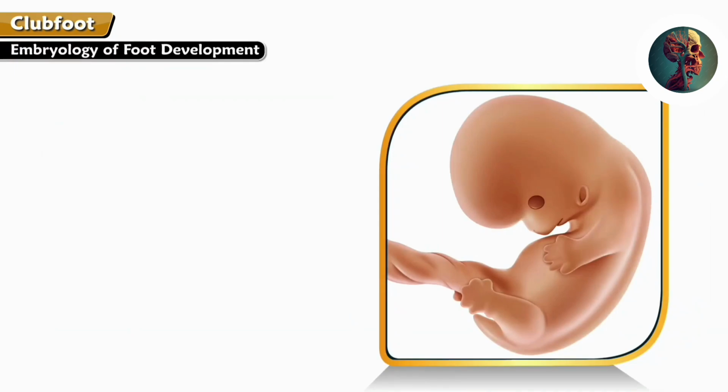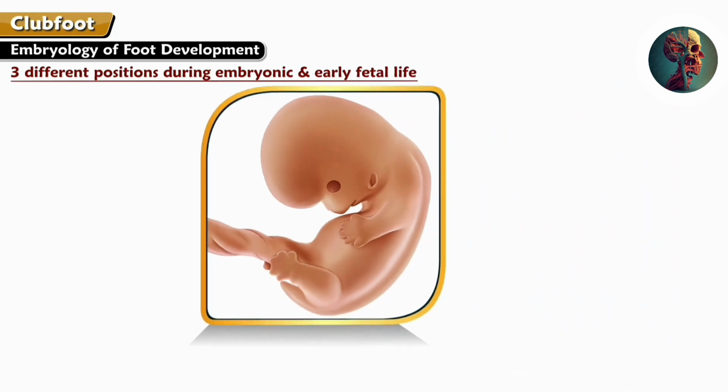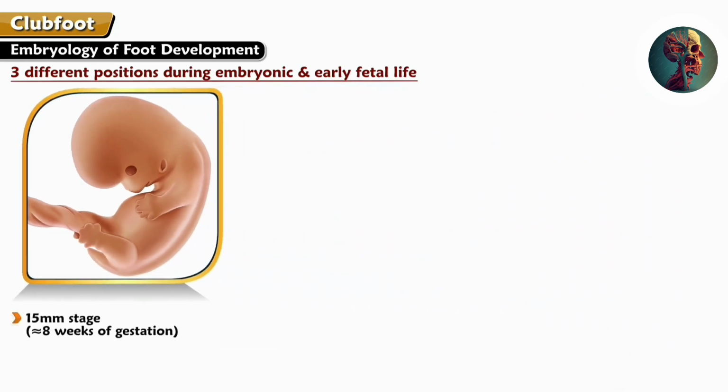Embryology of foot development. The foot sequentially assumes three different positions during embryonic and early fetal life. At the 15 mm stage, approximately 8 weeks of gestation, the foot is in a straight line with the leg.